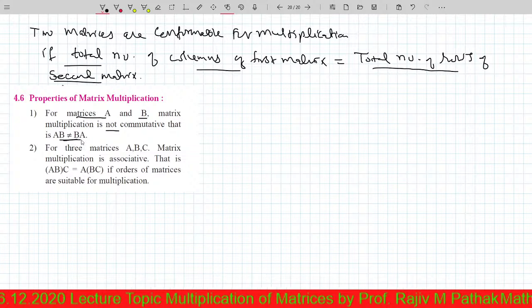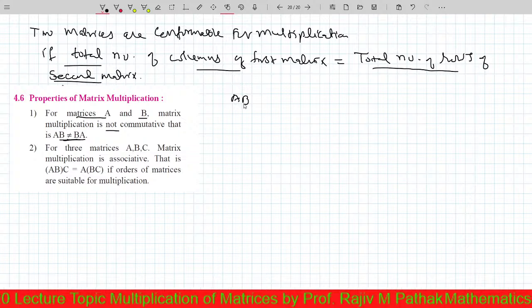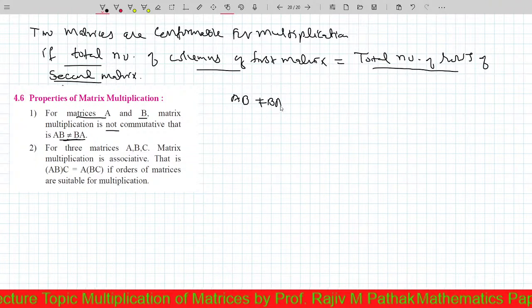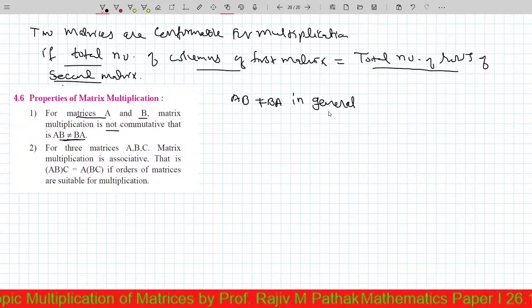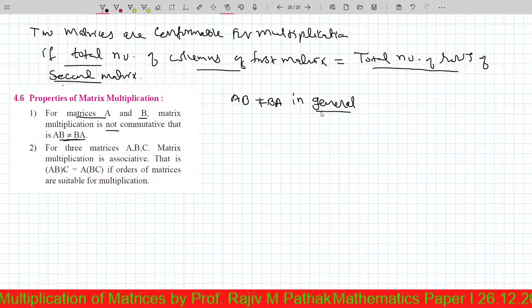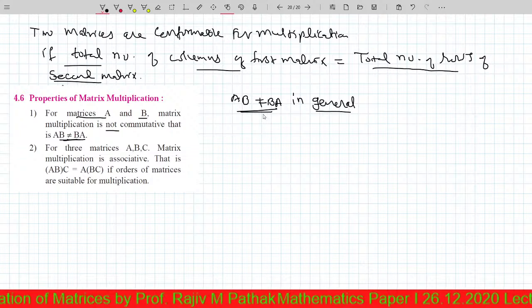That is, AB is not equal to BA in general. So remember this condition: AB is not equal to BA in general for matrix multiplication. For some matrices it is satisfied, for some it is not. So in general, matrix multiplication is not commutative in nature.